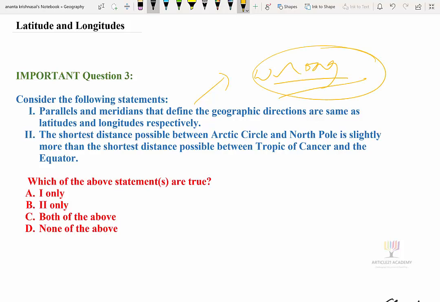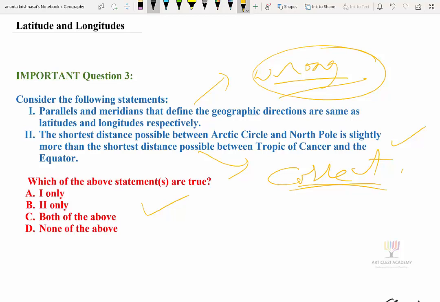And the second statement, that the shortest distance possible between the Arctic Circle and the North Pole is slightly more than the shortest distance possible between the Tropic of Cancer and the equator, is correct, because once we go towards the poles, the distance between the various parallels slightly increases, and once you come towards the equator, within these tropics, because of the rotation of the earth, because of the phenomenon of bulging of the equator, the distance between each of the parallels gets reduced slightly in comparison with the parallels above, and hence the second statement has to be correct, and hence for this the answer must be B.